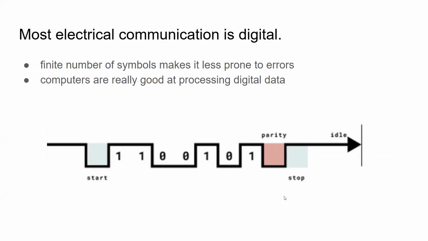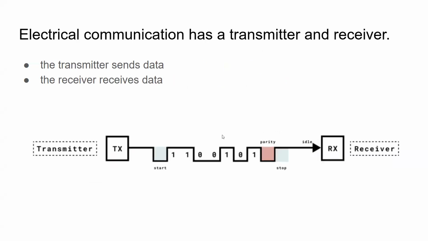So we have this finite set of symbols, in our case, just 0 and 1 for binary. And this is mostly because computers are really good at processing digital data. All these microcontrollers are designed to process digital data very well, and so it just so happens that a lot of our communication is digital.